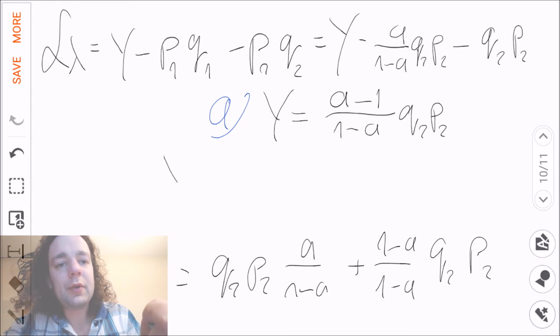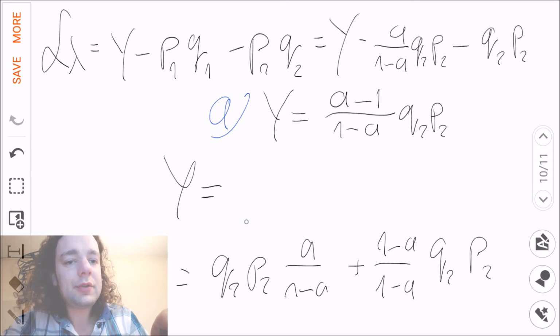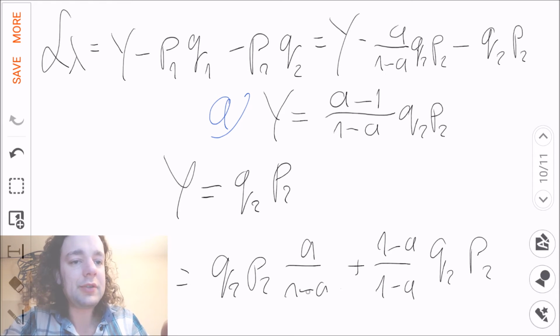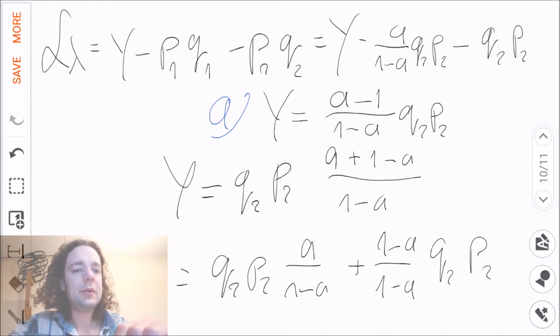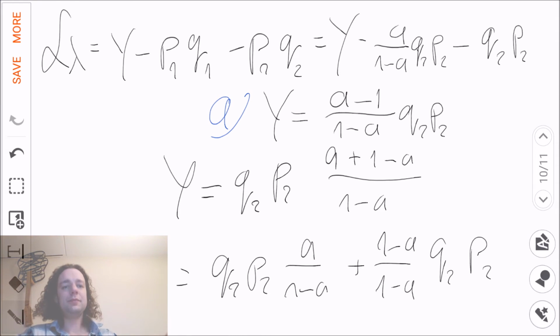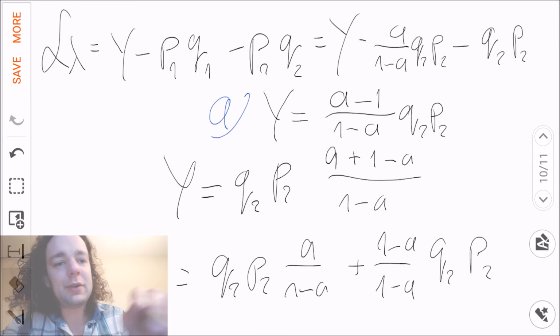So we write Y equals Q2, P2. And now we get something in brackets because these two have the same denominator. Right, so we get A plus 1 minus A divided by 1 minus A. Wait a second.